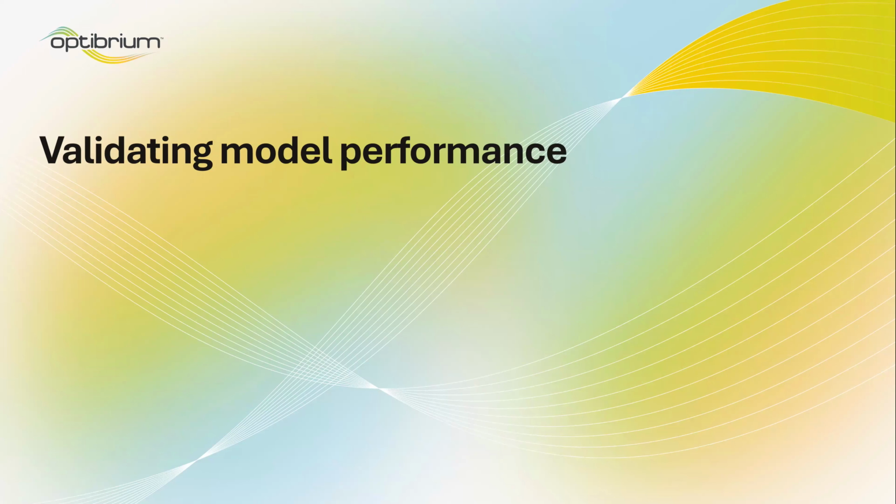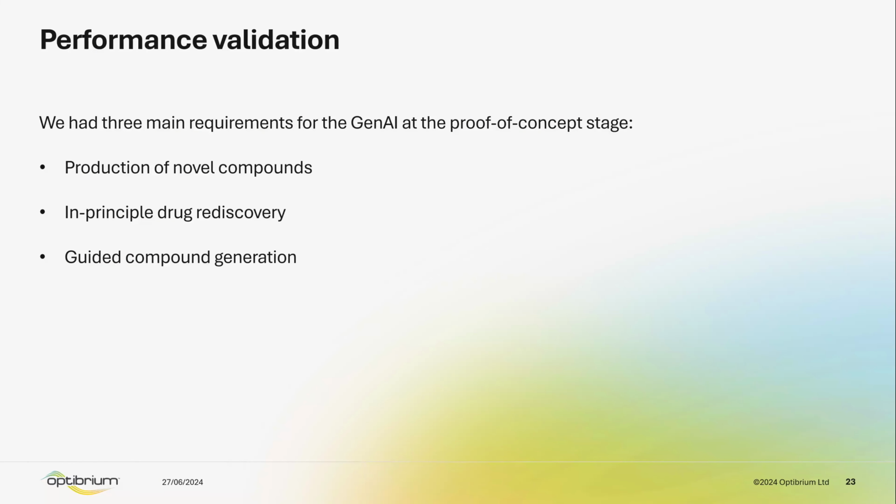So the next step is obviously validating the model performance. And we have three main goals here. Firstly, we want to see that it actually produces novel compounds. And when I say novel compounds, I mean novel compounds that aren't in the training data, but also I want to see compounds that transformation libraries aren't producing for the same starting point. The next is in principle drug rediscovery.